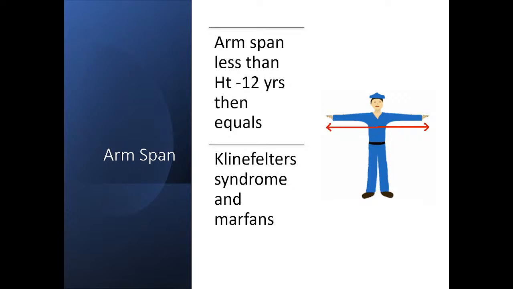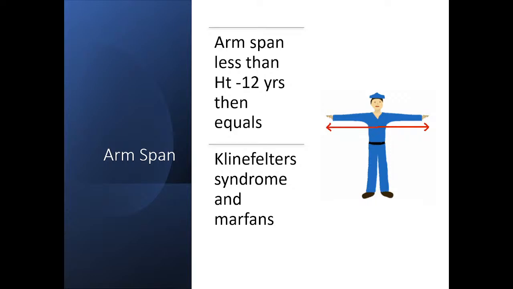But this is an indicator. If the arm span is more, then this is an indicator towards Klinefelter syndrome and Marfan's. So there is a Marfanoid feature. A child is very tall, the hands look much bigger to him, and there is a lot of flexibility in the joints. You may ask him to make a fist. Normally your thumb will not cross your fist; it will remain inside.